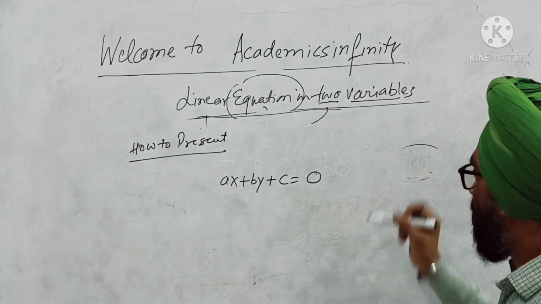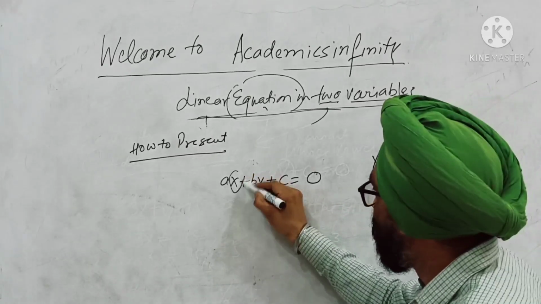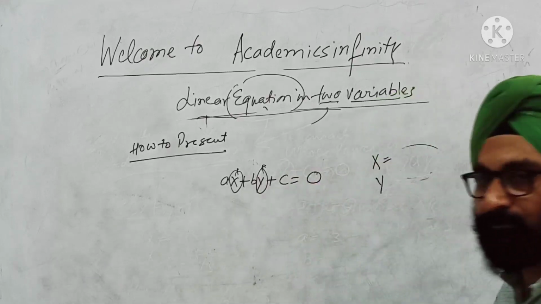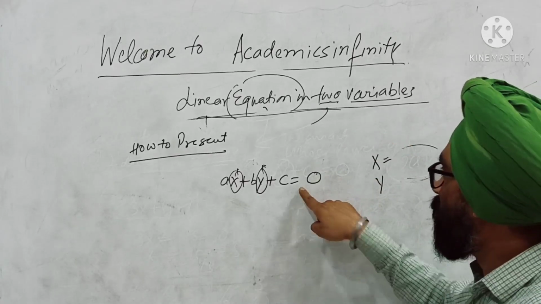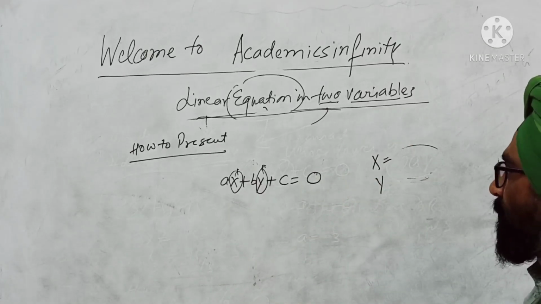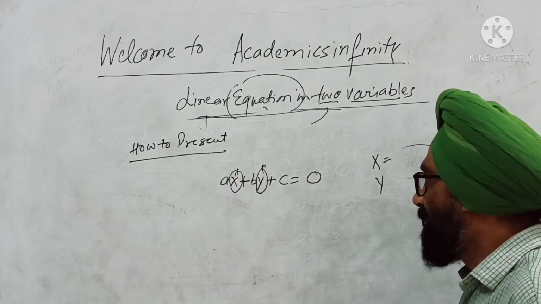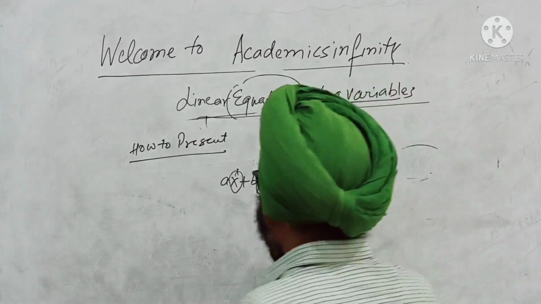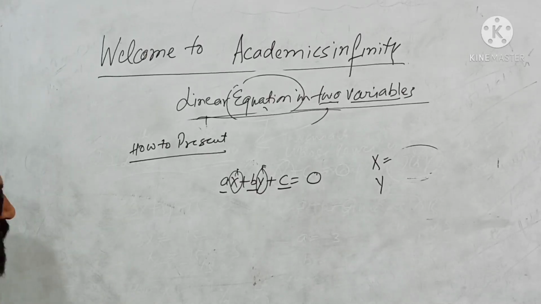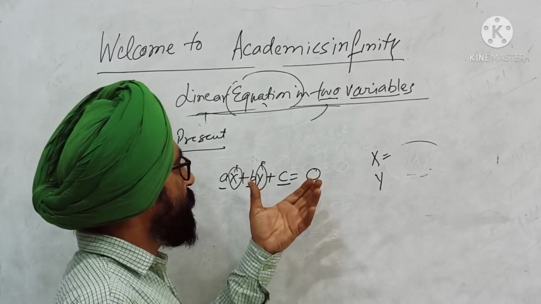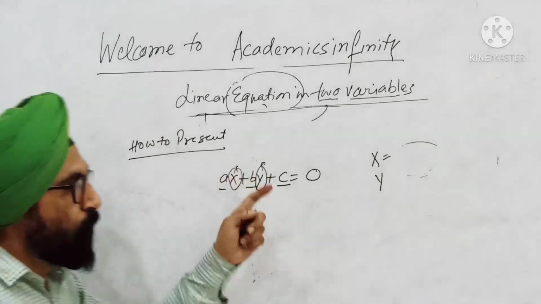First, here there are two variables, x and y, whose power is 1. And equal to shows the equation, and a is the coefficient of x, b is the coefficient of y and c is a constant. So a, b and c are real numbers. So it is clear this is a linear equation of two variables, and each variable has the power 1.